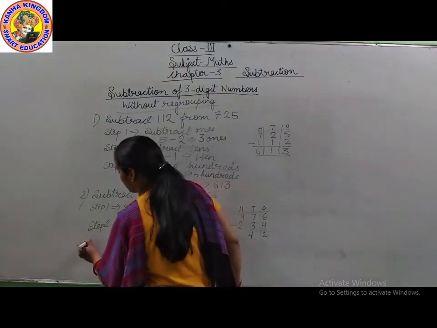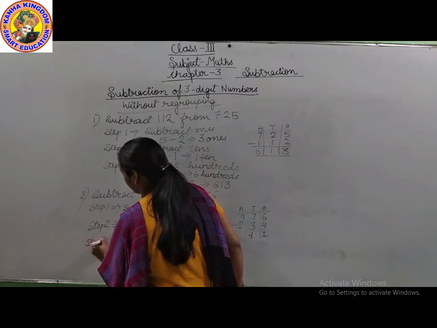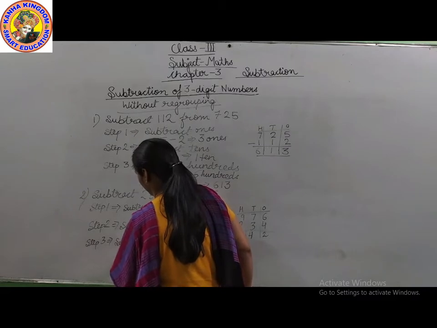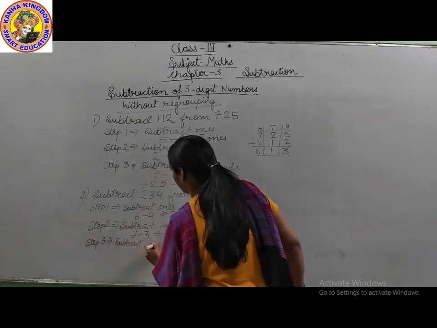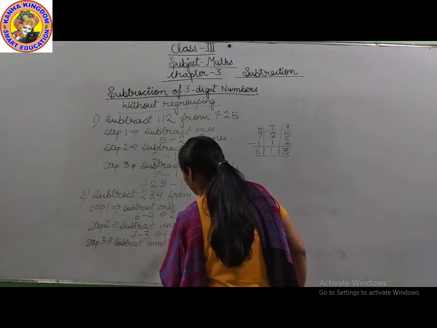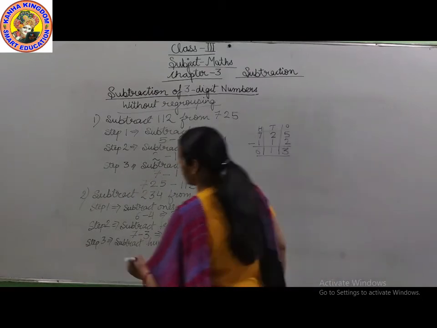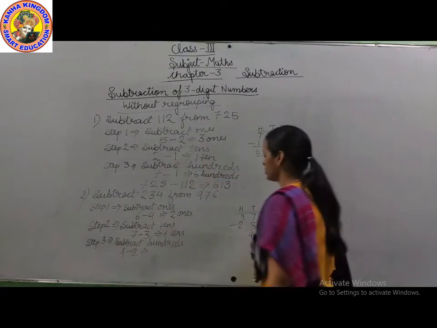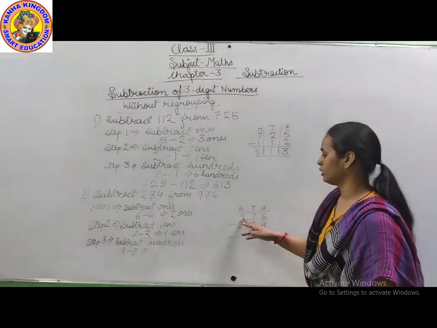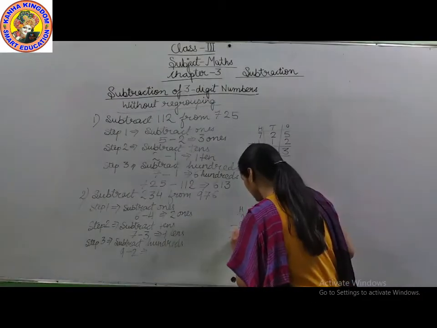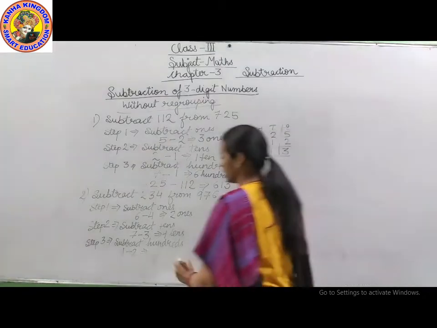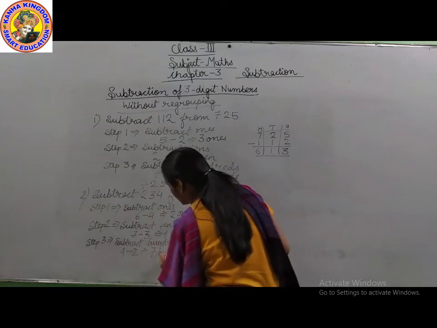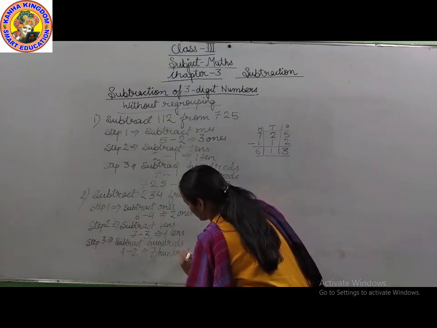Now third step, subtract hundreds. Subtract hundreds means 900 minus 200. So when we subtract 2 from 9, our answer is 7. Okay? So 900 minus 200 equals 700.